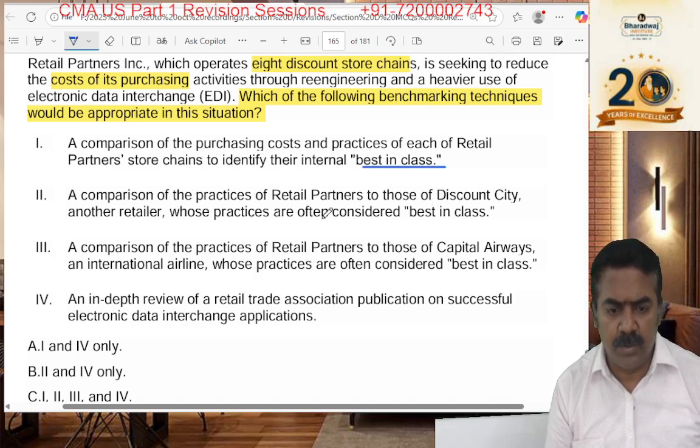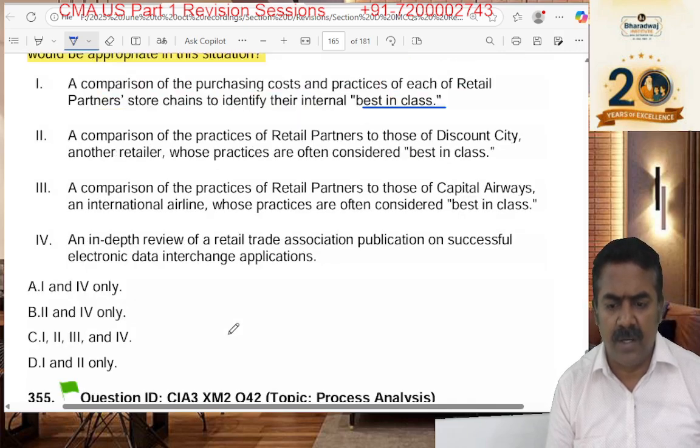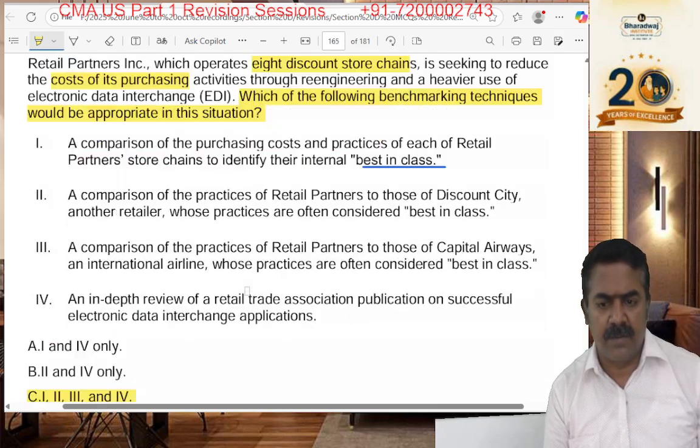With another retailer whose practices are often considered as best. Comparison of practices of retail partners with Capital Airways, International Airlines, whose practices are often considered as best in class. An in-depth review of trade association publication of successful electronic data interchange. I hope all the things will help you to reduce the cost.